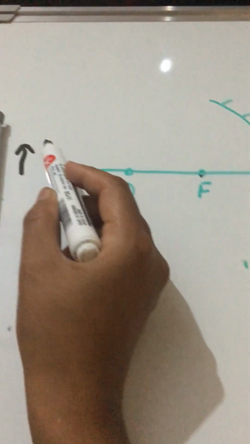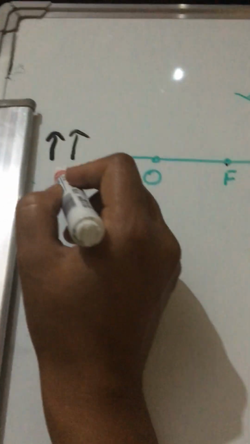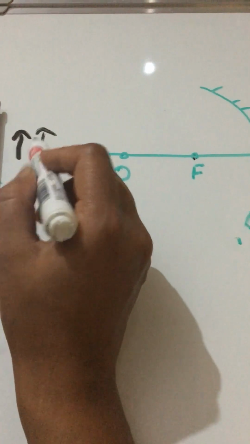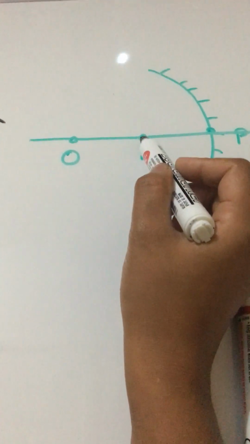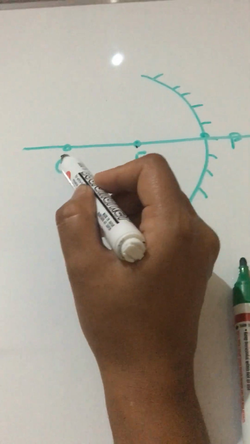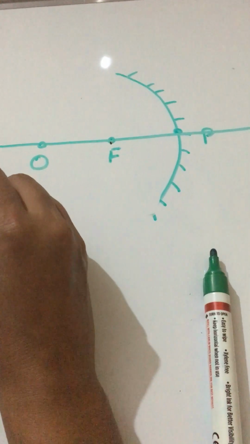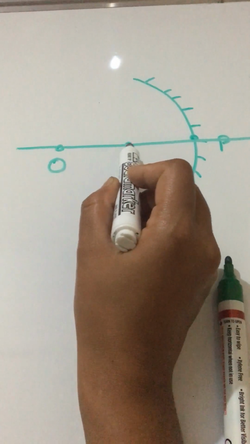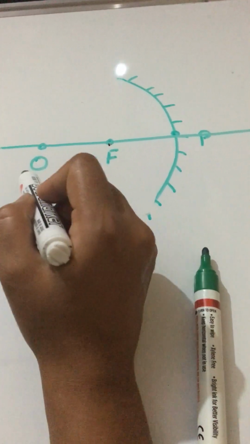If the object approaches nearer, the same object, then its image will shift towards the center of curvature with increasing size. Like this, the object is approaching, now its image will shift towards this side, towards the center of curvature.